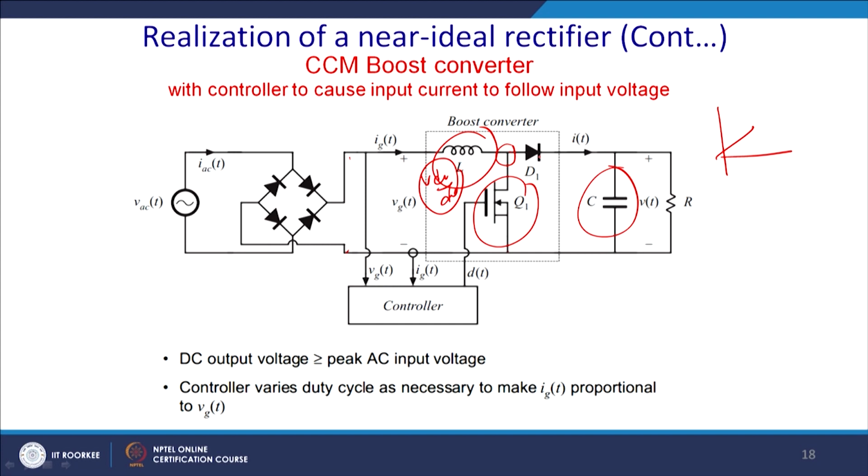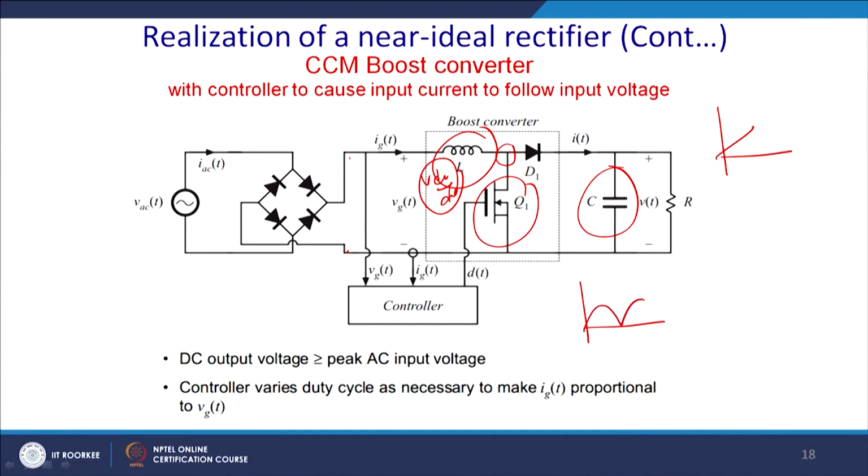In this configuration, this topology is quite easy to use, and you have this kind of ripple voltage at the input, and the control will do something. The control will put a hysteresis band, and we shall restrict that current within the hysteresis band.